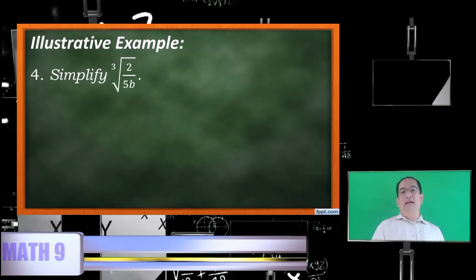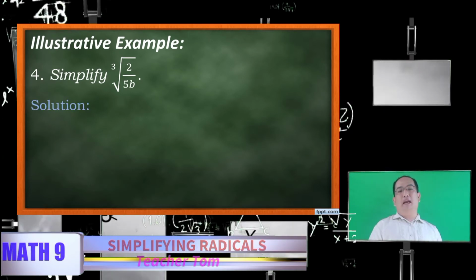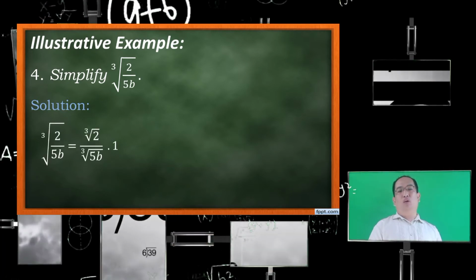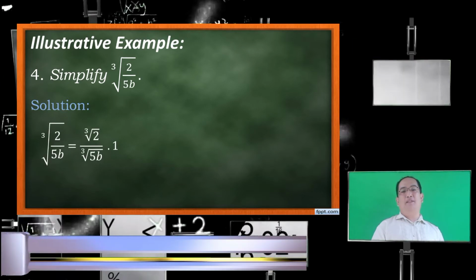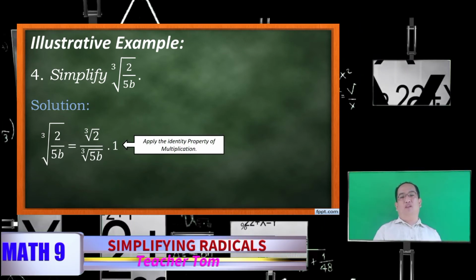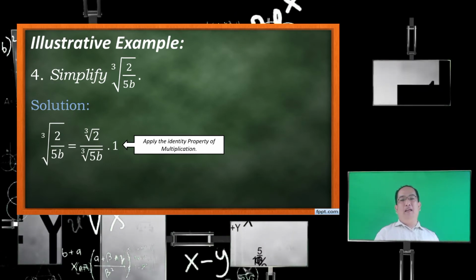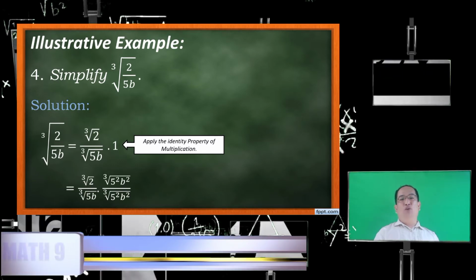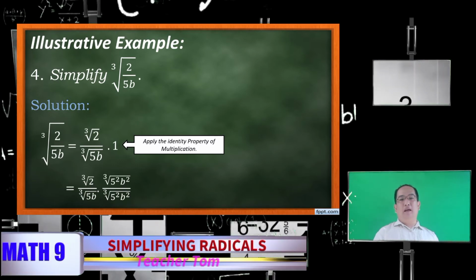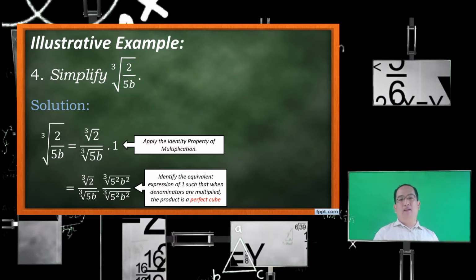Next, simplify cube root of 2 over 5b. Okay? Cube root of 2 over 5b can be expressed as cube root of 2 all over cube root of 5b times 1, applying the identity property of multiplication. Cube root of 2 all over cube root of 5b, then multiplied by cube root of 5 squared b squared all over cube root of 5 squared b squared.